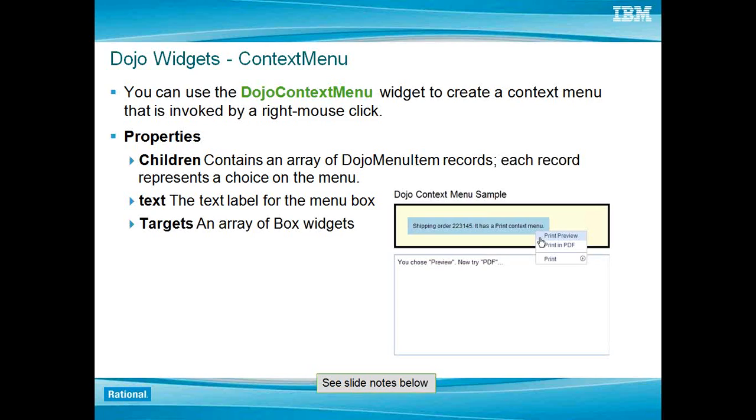Same way we have context menu. For example, let's say you want a small unique context menu to appear on a particular widget or inside a particular box or grid layout, then you can easily use this Dojo context menu, and you can assign different children, meaning the options that will appear inside this context menu.